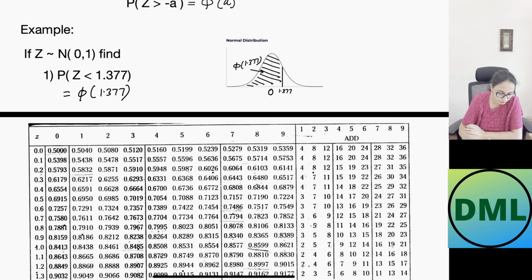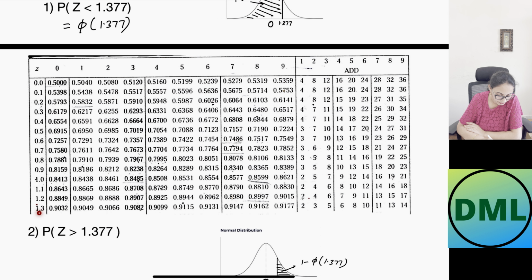We will look for 1.37 first and then we will look for the 7 value. Let's see the table here. 1.37, and 7 is somewhere here. 0.9147. Let's write down the value here, 0.9147. I will look for 7 again in the add column.